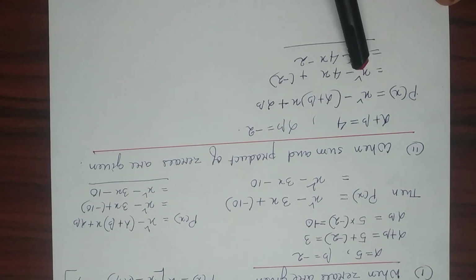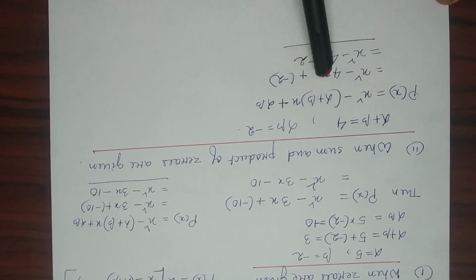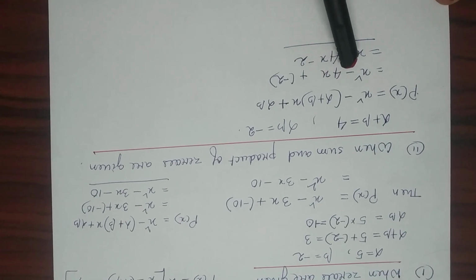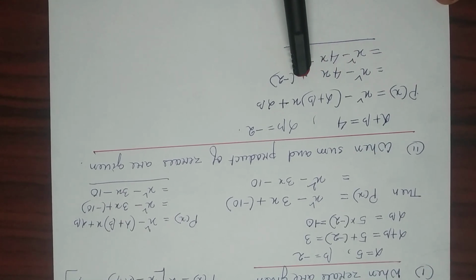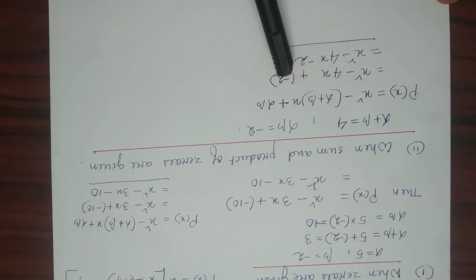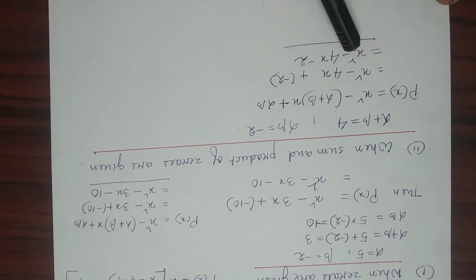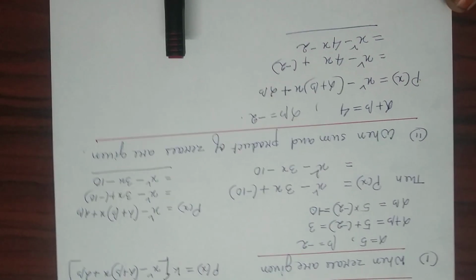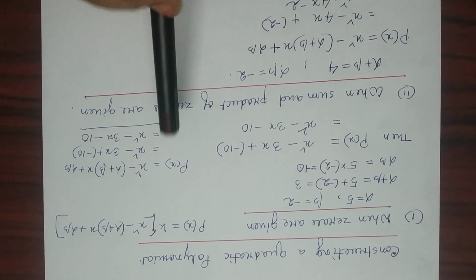That's why x square, alpha plus beta is equal to 4, so here we put minus 4x, plus alpha into beta is equal to minus 2, that's why plus minus 2. Now we simplify: x square minus 4x minus 2. This way we construct a quadratic polynomial.